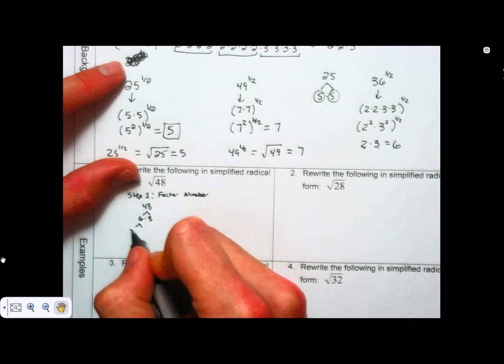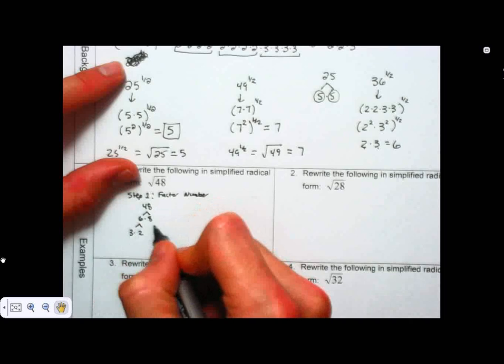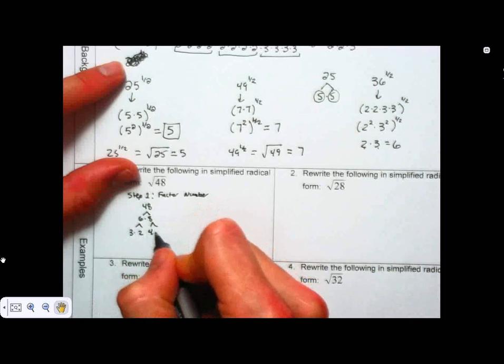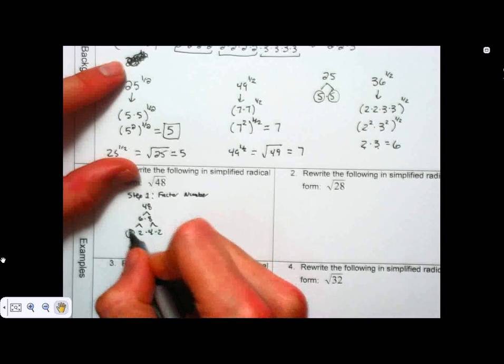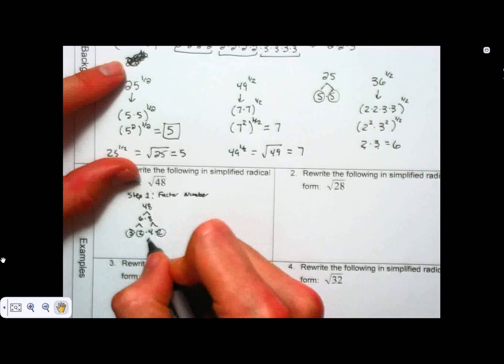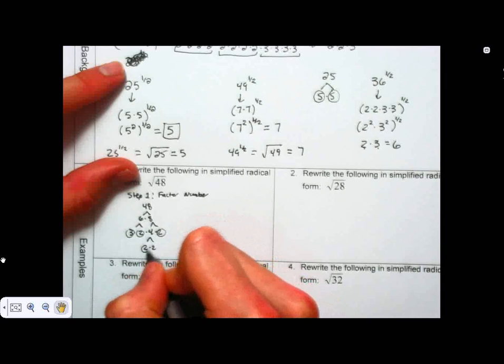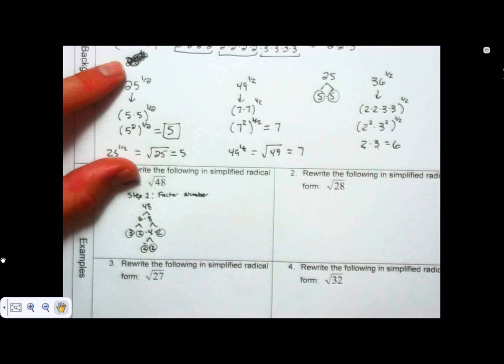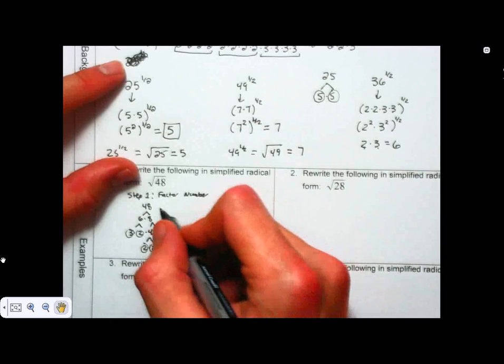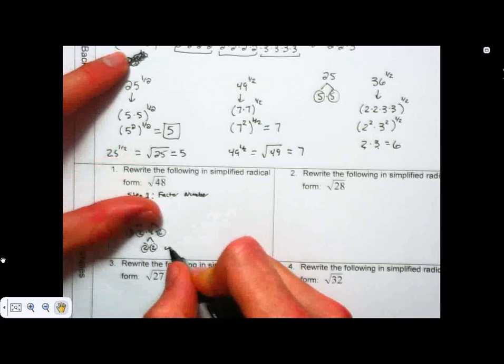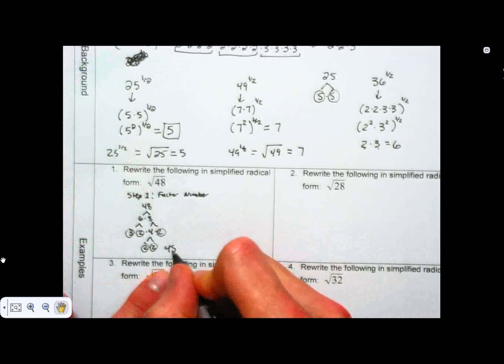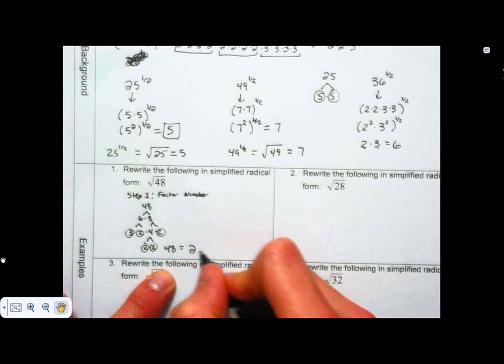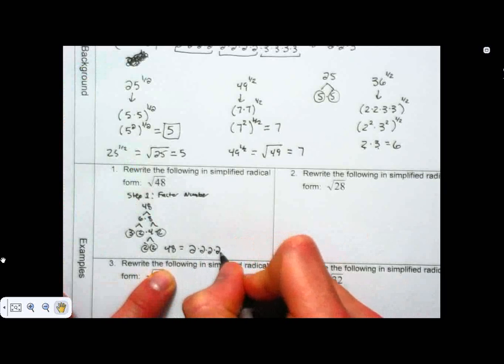And 6 is broken down to 3 times 2. 8 can be broken down to 4 times 2. Can't break down the 2's or the 3's. And so what I'm left with is 48 is equal to 2 times 2 times 2 times 2 times 3.